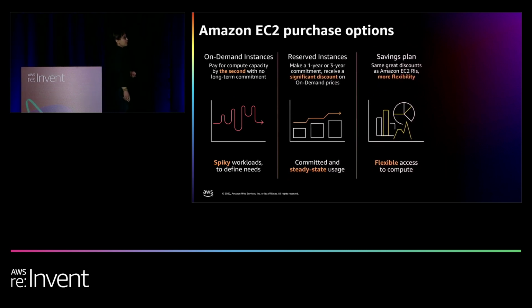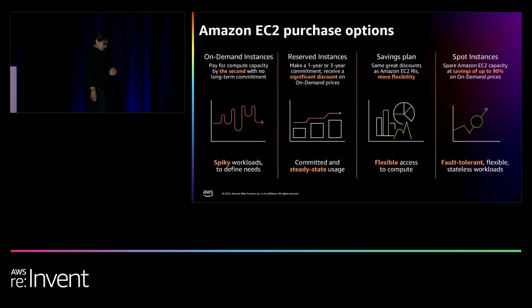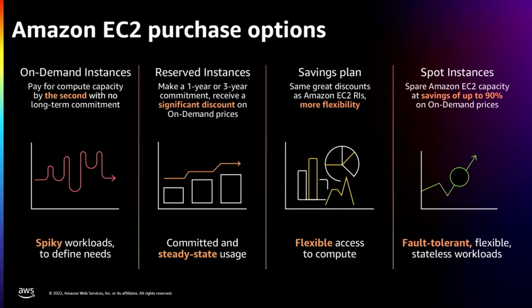Cool. So we talked about EC2 purchase options, and we said there are multiple options that AWS offers. It's quite critical to get this option correct because it can significantly reduce your cost. The first one is on-demand. This is pay-as-you-go with no commitment, and it's quite a good use case for any workload that fluctuates.